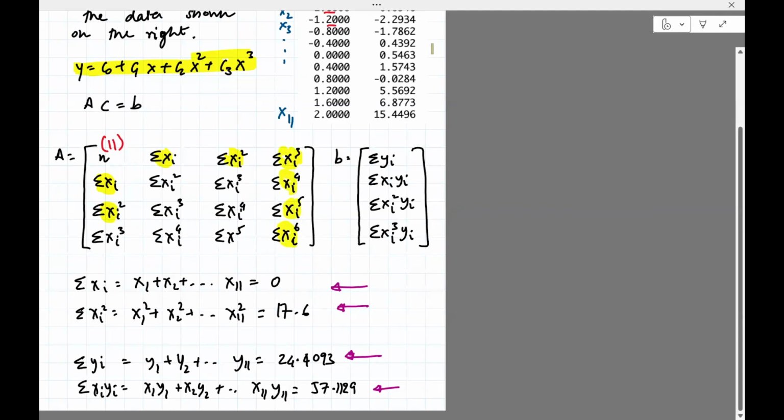So you need to go up to the power of 6. Once you compute the ones highlighted in yellow, 1, 2, 3, 4, 5, 6, you basically have the entire matrix. So instead of 16 numbers, you only need to compute 6. It's doable.